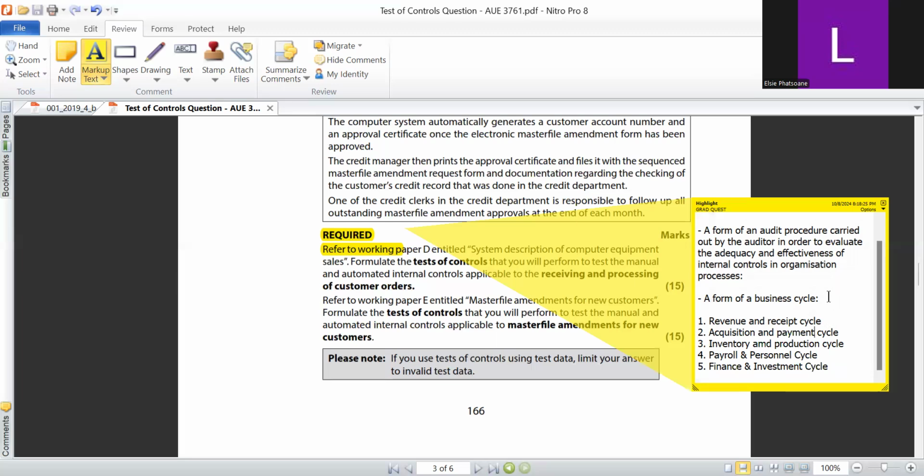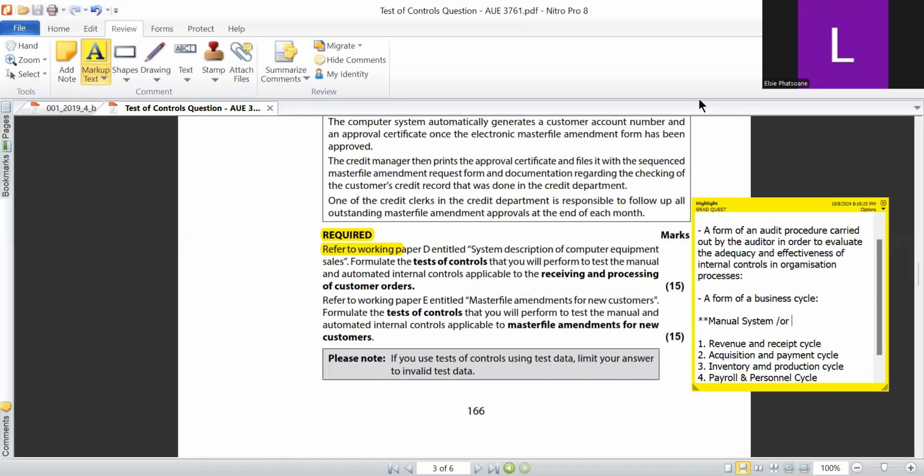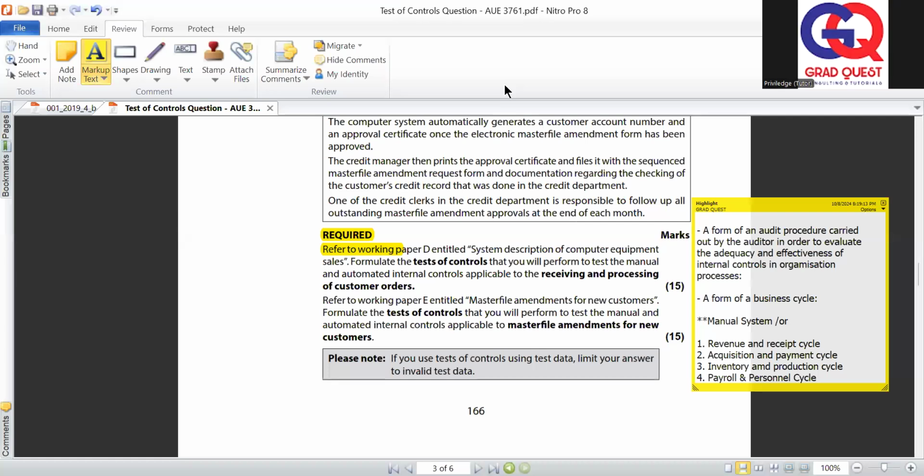Now, you need to understand one thing about these business cycles. You can find them in two different forms of systems, which I want you to take special attention of. You can either find them in a manual system, meaning a system which is not computer dominated, or an environment which does not necessarily involve a lot of computer activity.